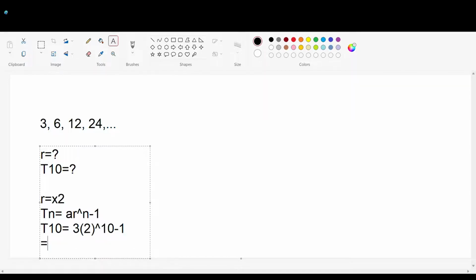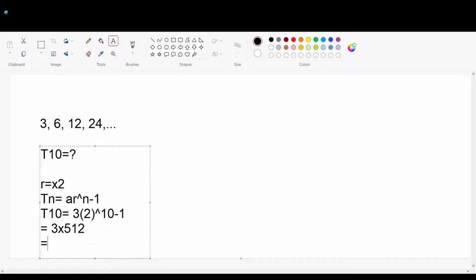So 3 times 2 to the power 10 minus 1, so 2 to the power 9. 2 to the power 9 is 512, so 3 times 512, which would be 1536. So 1536 is the 10th term of this sequence.